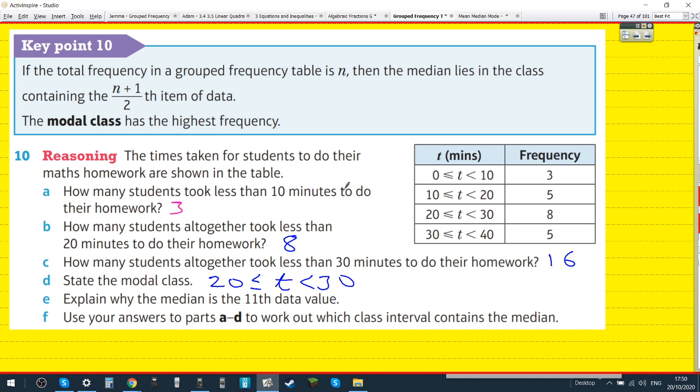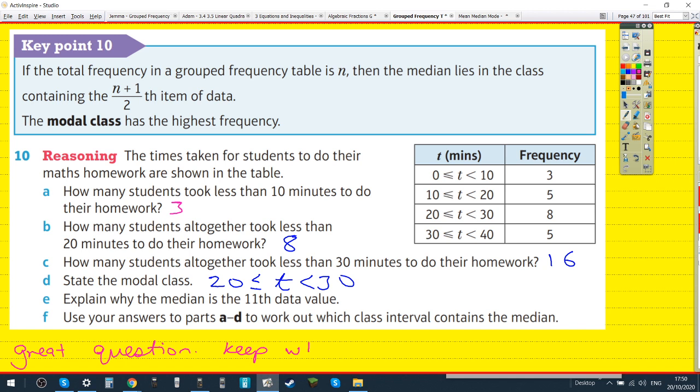And E. Explain why the median is the 11th data value. The 11th. 7 plus 5 plus 8 plus 1.